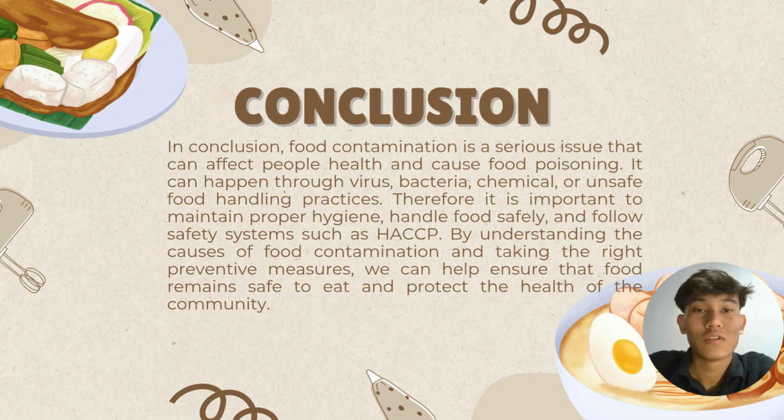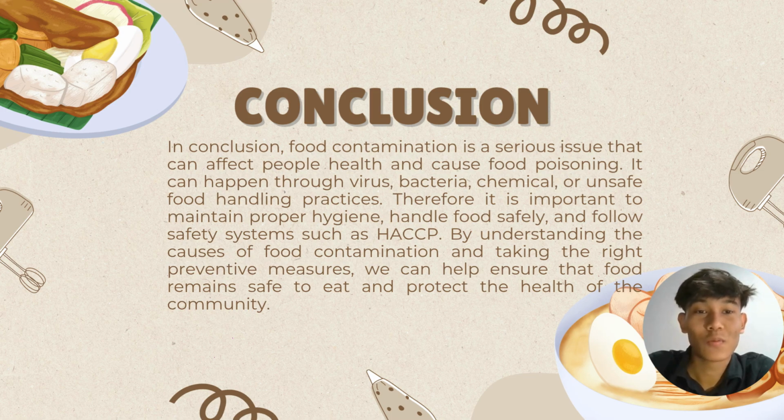To conclude, food contamination can happen in many ways and may cause serious health problems if not prevented. Simple actions such as washing hands, using clean utensils, and handling food properly can help to reduce the risk of contamination.